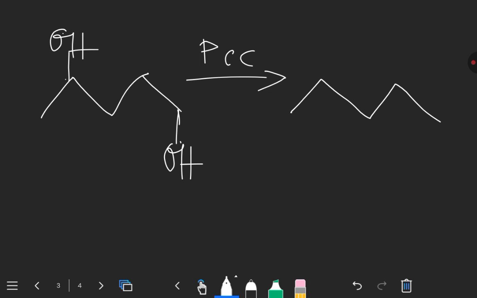So you can see that this alcohol at this point, this carbon rather, is bonded to two other carbons. So that alcohol is a secondary alcohol. So this secondary alcohol will be converted to a ketone. Then we have a primary alcohol. This primary alcohol, because this is a weak oxidizing agent, will be converted to an aldehyde.